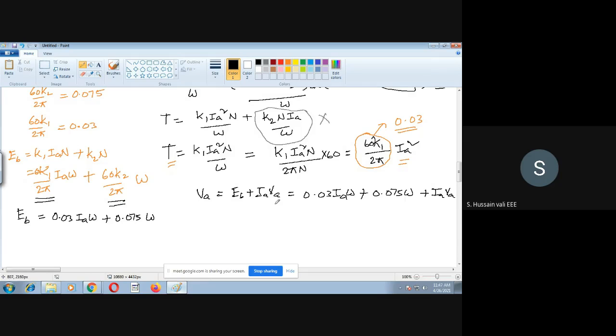From this we can find out Ia. So Ia can be written as VA minus 0.075 omega, whole divided by 0.03 omega plus RA. So this is Ia.